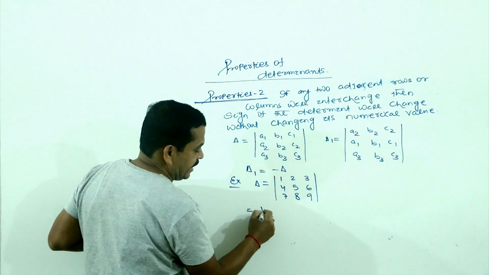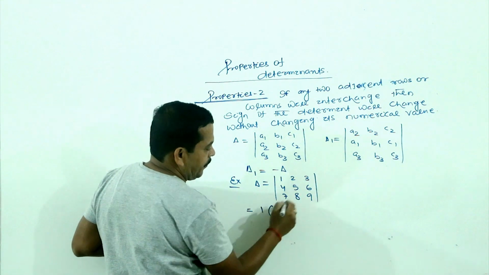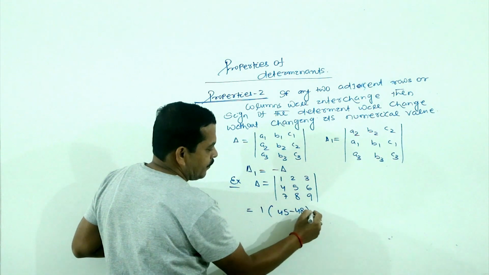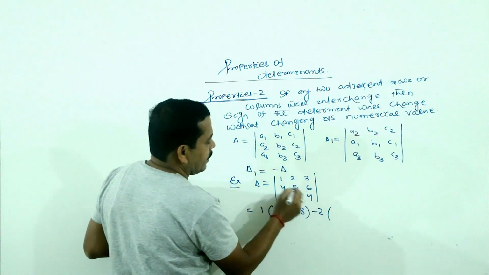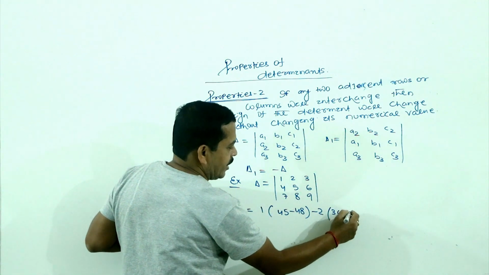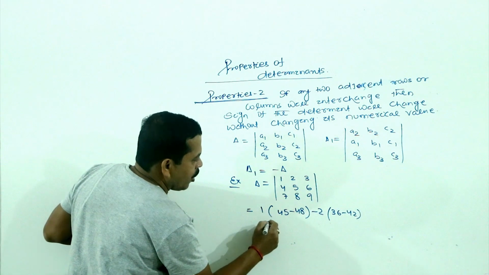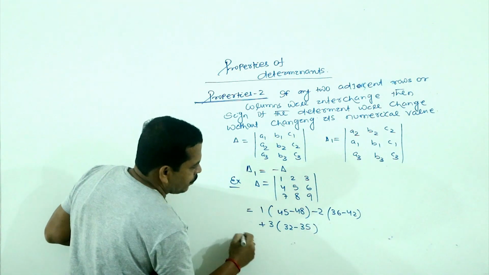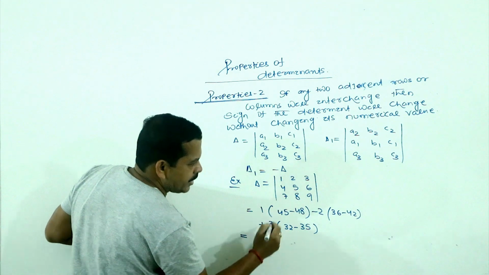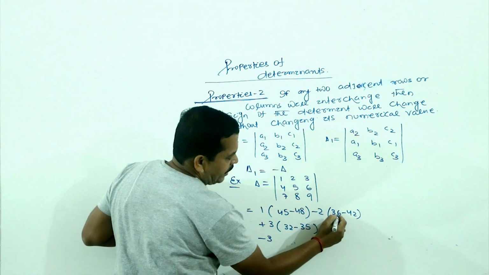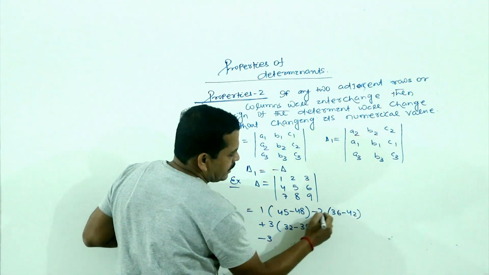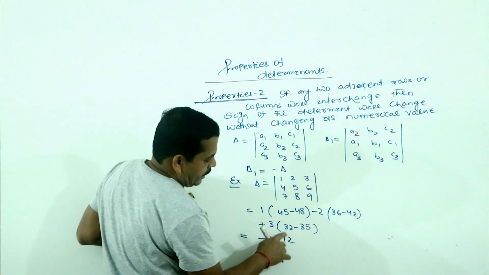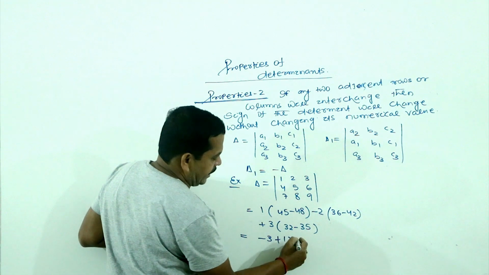If we expand it, then its value will be 1 into 45 minus 48, minus 2 into 36 minus 42, plus 3 into 32 minus 35, which will be minus 3, and it will be minus 6.